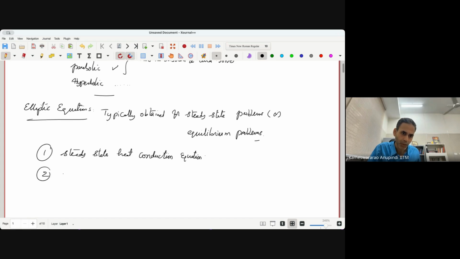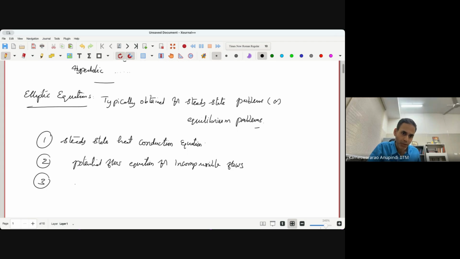Similarly, you can also have the potential flow equation for inviscid incompressible flows, which can also be categorized as an elliptic equation, and you also have the stream function equation.